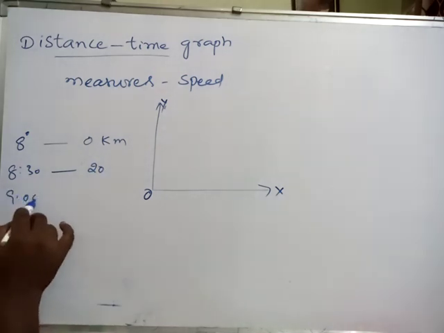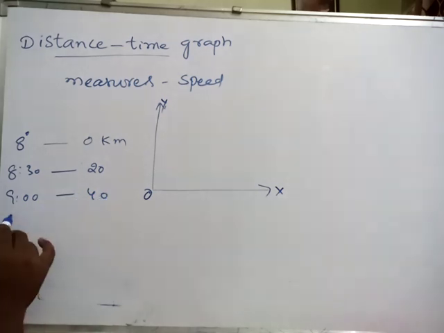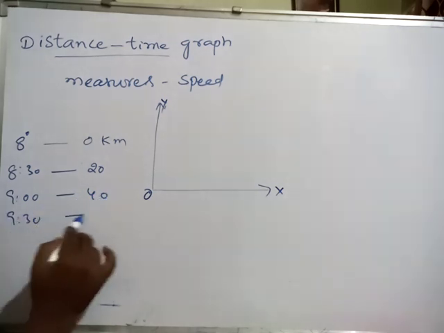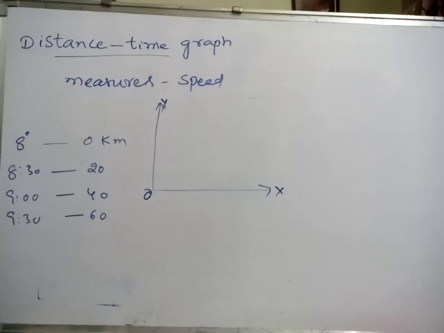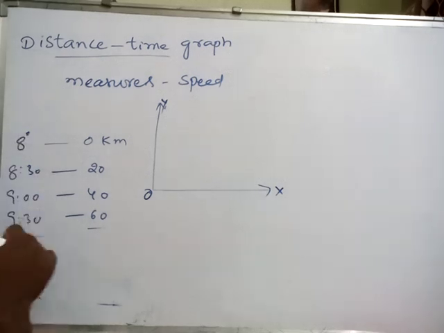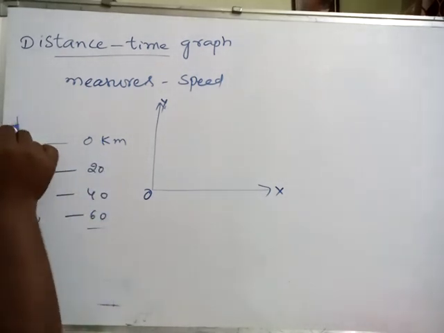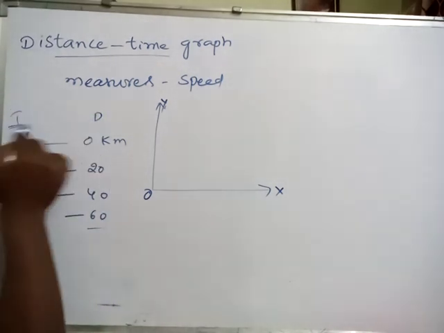At 9 o'clock 40 kilometers, at 9:30 60 kilometers. Means total how much journey? 1.5 hour. What is the total distance covered? 60 kilometers. So here this is time, and this is distance.